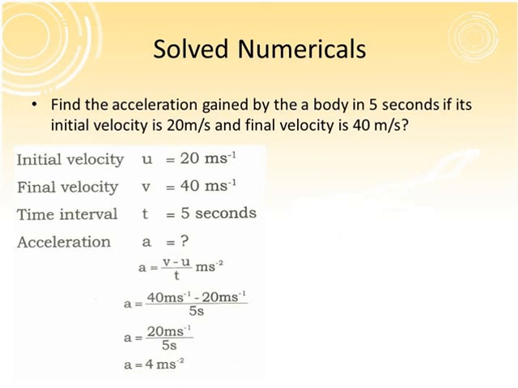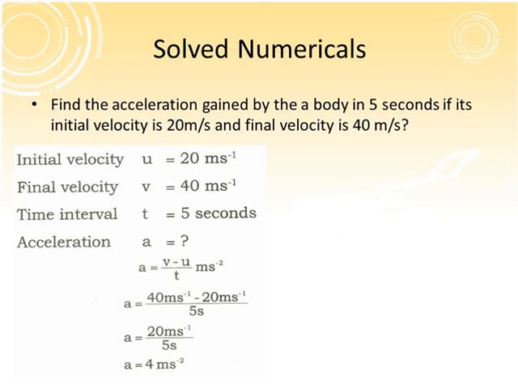Now you see, first of all, we have to deduce the data from the given question. Initial velocity is denoted by u, which is 20 meters per second. The final velocity of a car is denoted by v, which is 40 meters per second, and time interval is denoted by smaller t, it is 5 seconds, and acceleration is denoted by a.